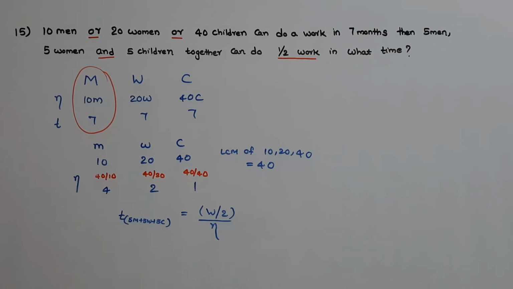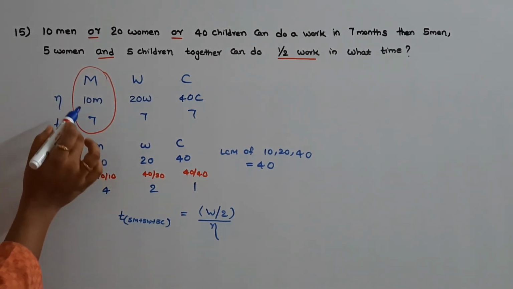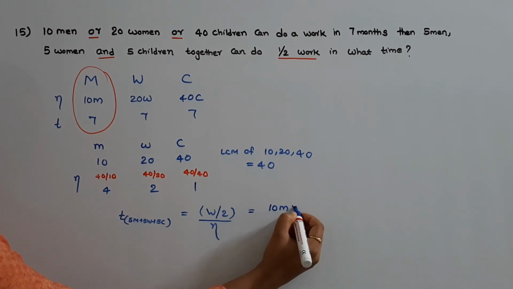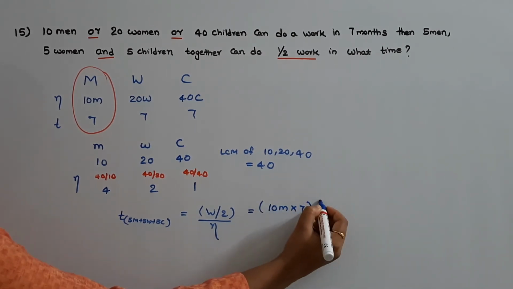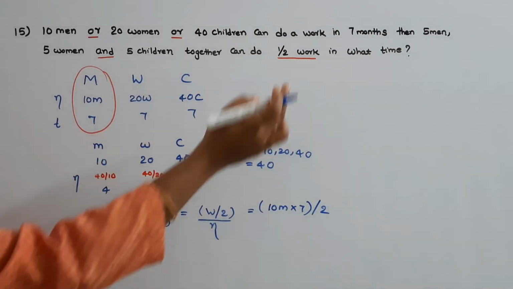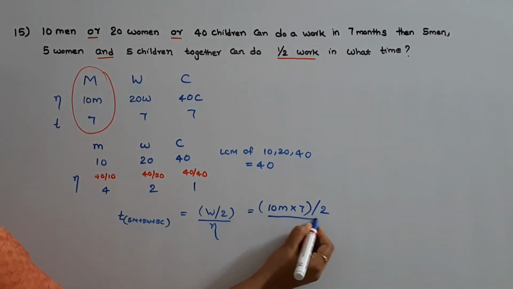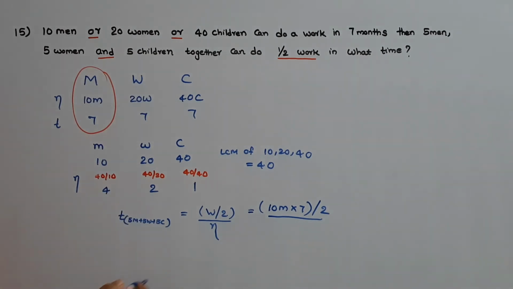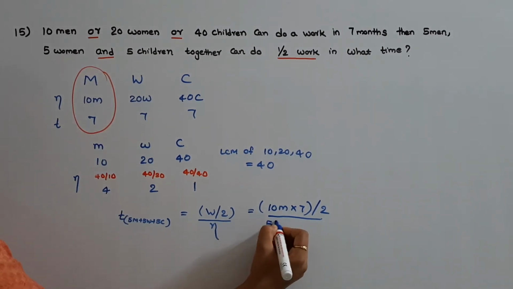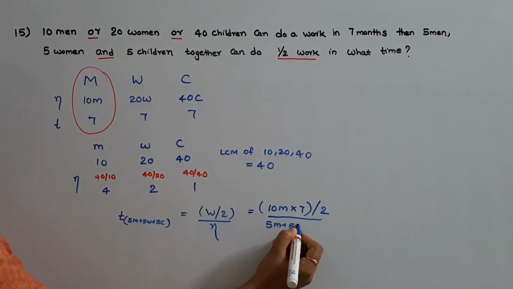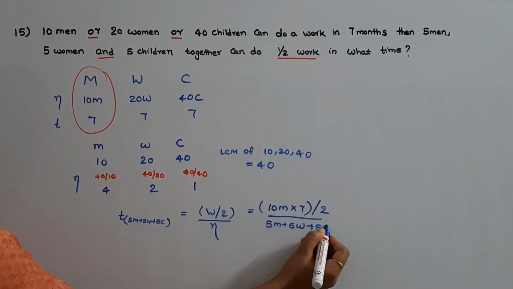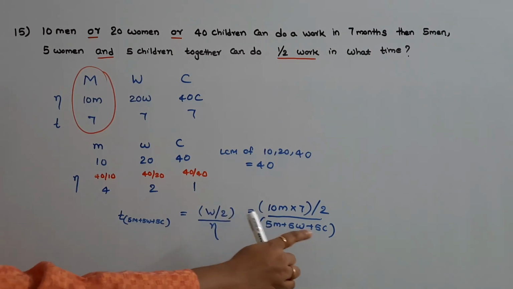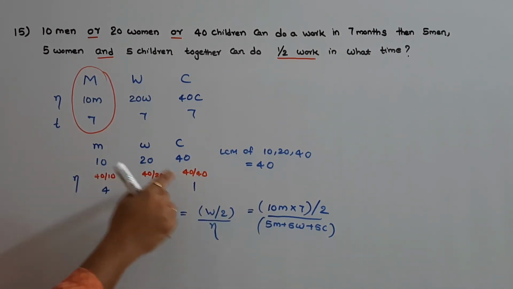Work done will be equal to efficiency into time, that is 10M into 7 divided by 2, because work done is half, by the total efficiency of 5 men, 5 women and 5 children. Now substitute the values of M, W and C from here.